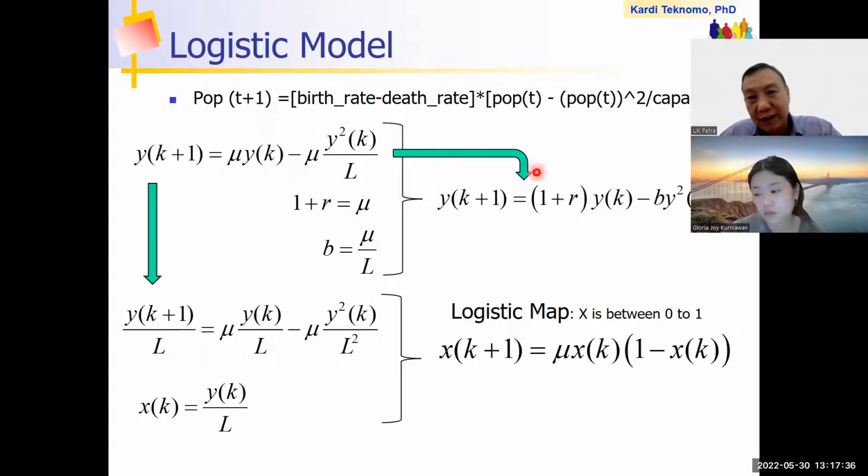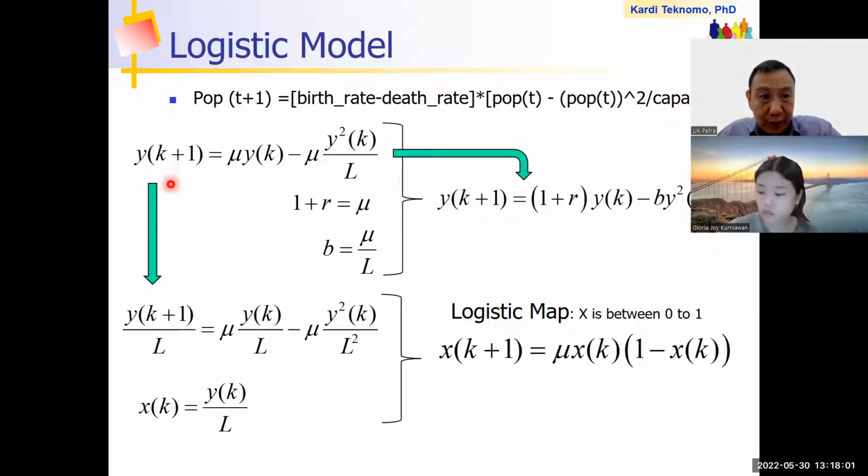What I wrote here is the derivation from this model. This is the square, right? From this model we assume 1 plus r equals mu, and in that case you will get this difference equation.